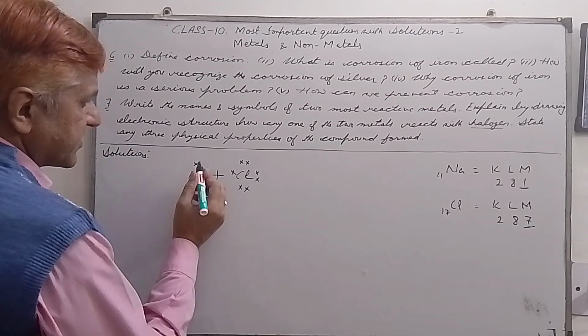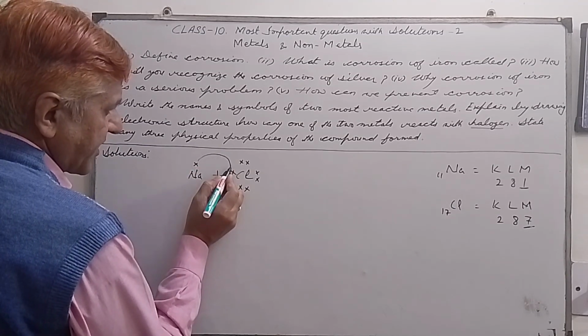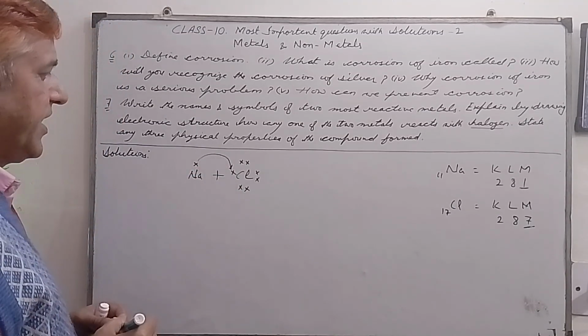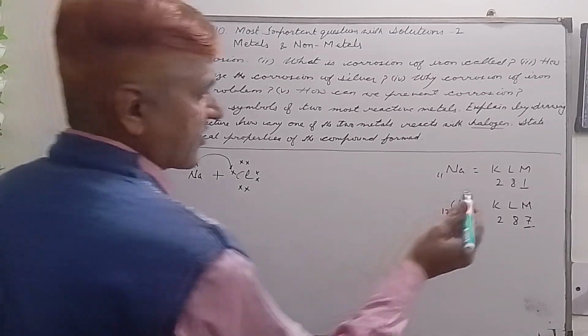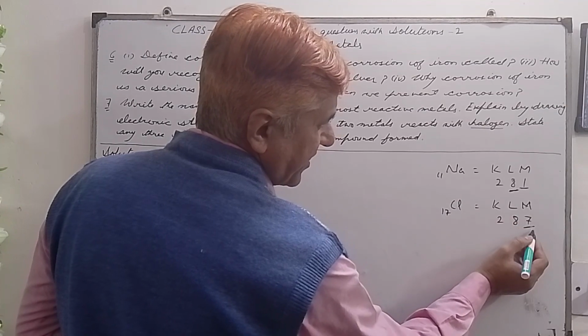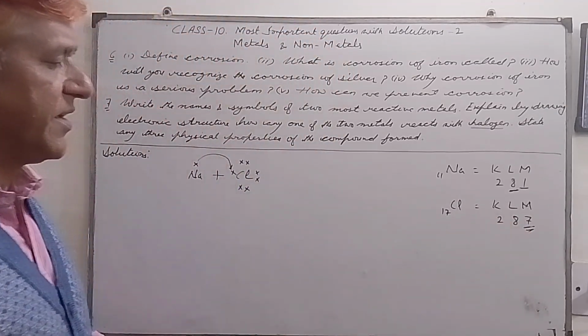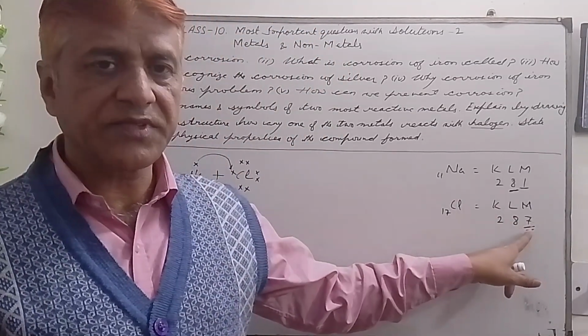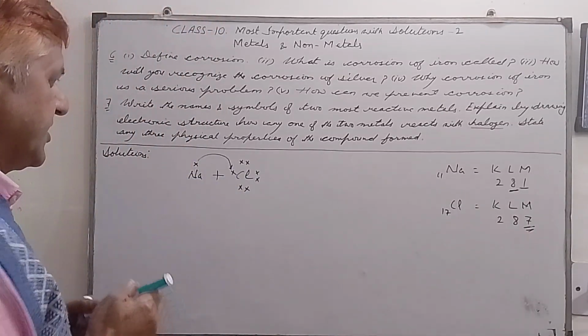To have 8 electrons, it will give 1 electron to the chlorine atom, and then sodium will have 8 electrons in its outermost shell, and chlorine will take up 1 electron, it will also have 8 electrons in its outermost shell.